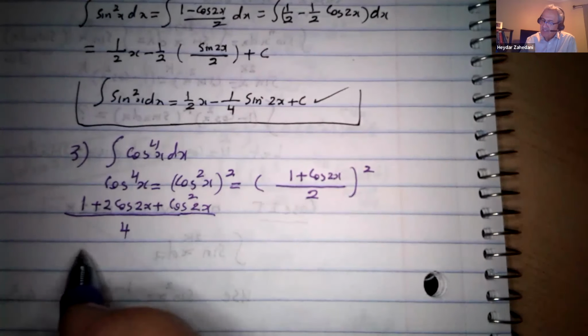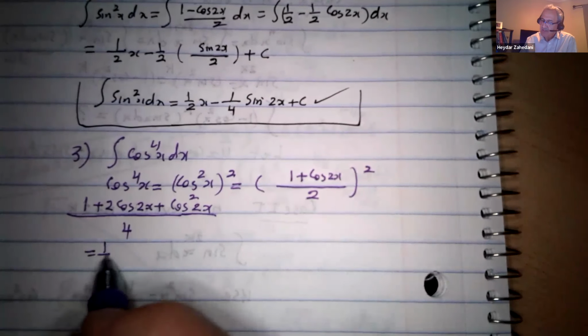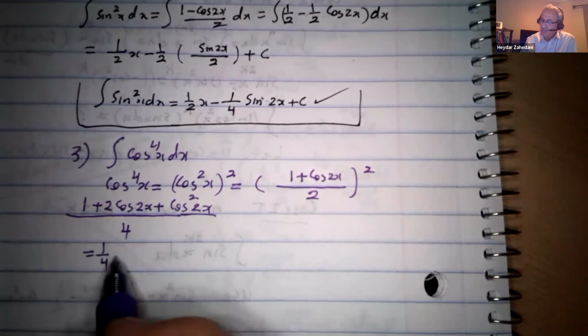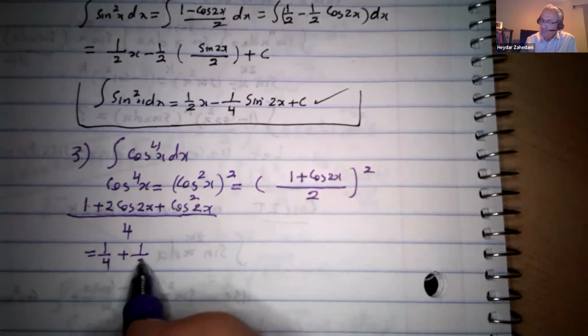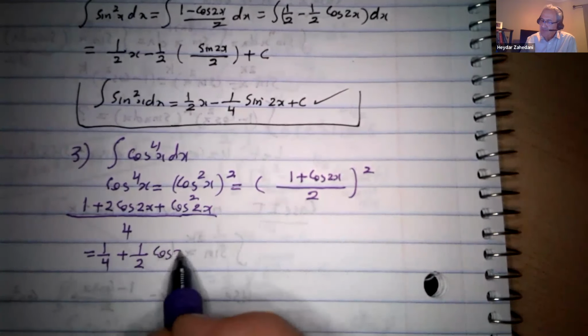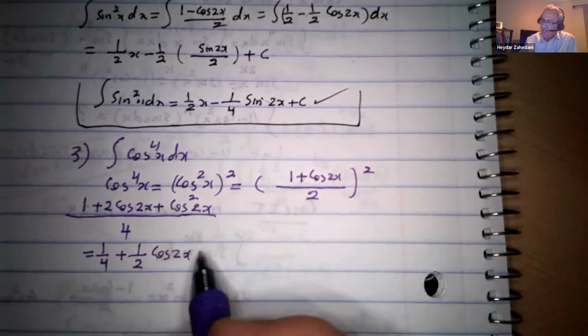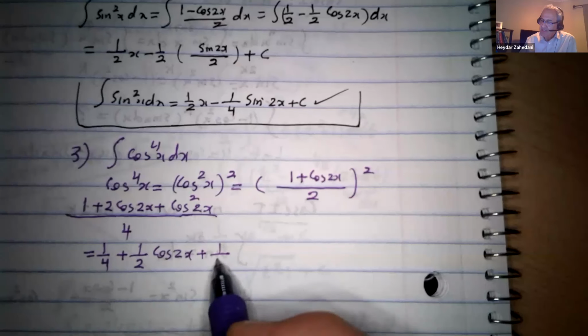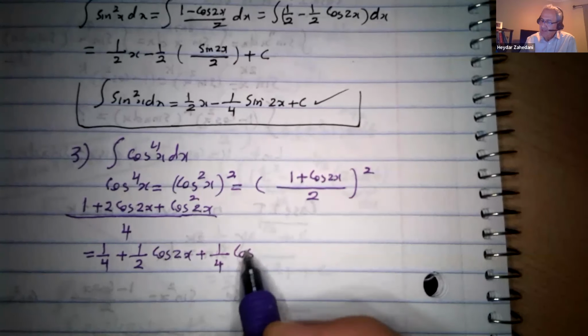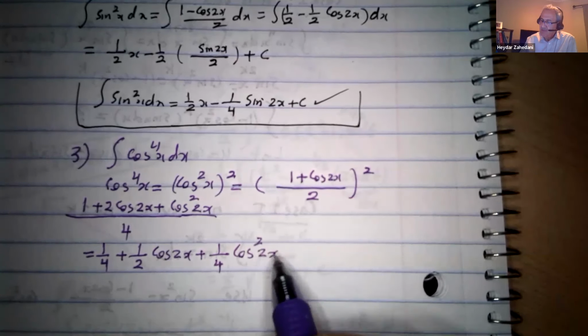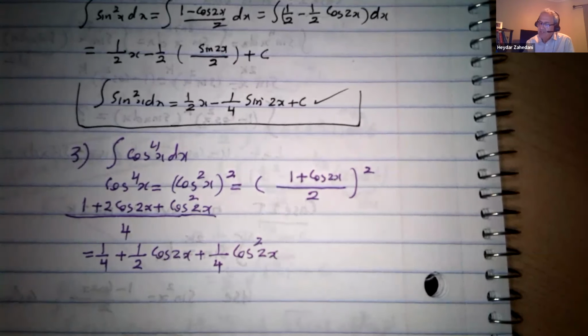This is going to be a quarter. 2 quarters would be 1/2, so 1/2 cosine of 2x. And this is going to be a quarter cosine squared of 2x. This can be easily done, but you have to reduce this one again. So you have to use the double angle formula.